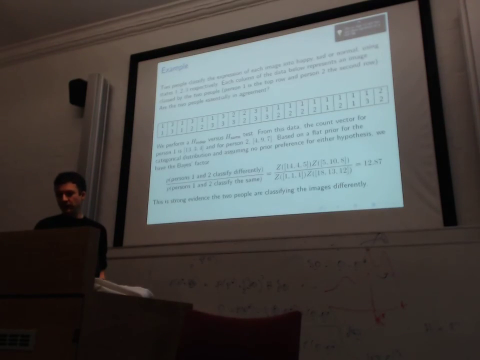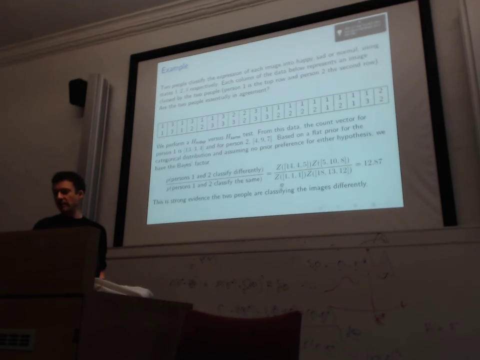It's 14 because there are 13 ones plus 1 for the hyperparameter. Similarly, there are 3 twos and there are 4 threes for 1. And for 2, the second column, second row, we have 5, 10, 8. In other words, we have 4, 9, and 7 ones, twos, and threes, and we add 1 for the hyperparameter.